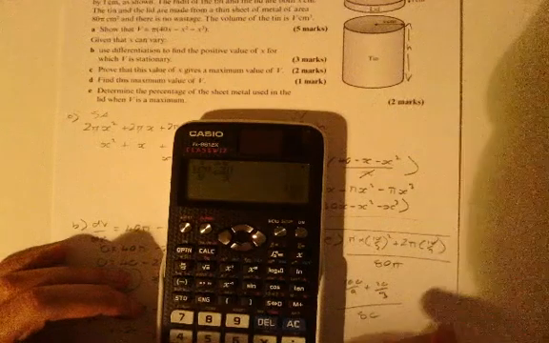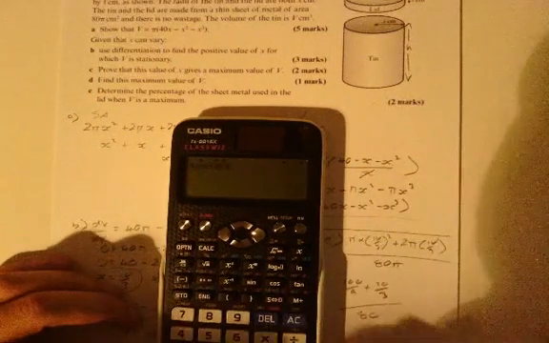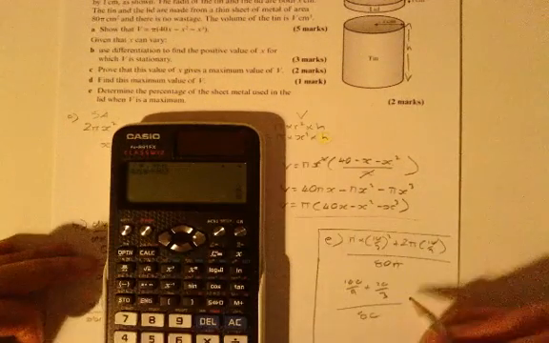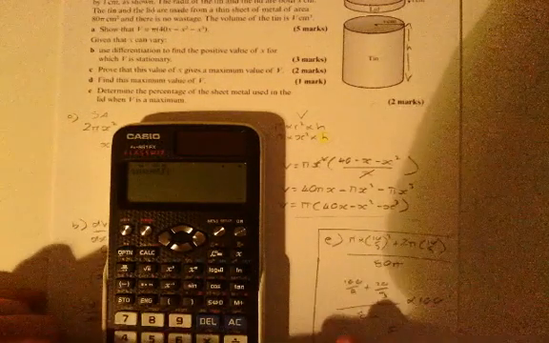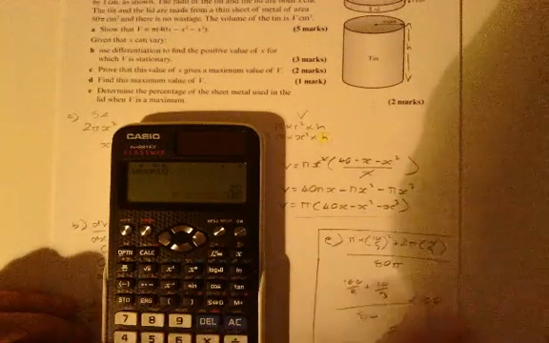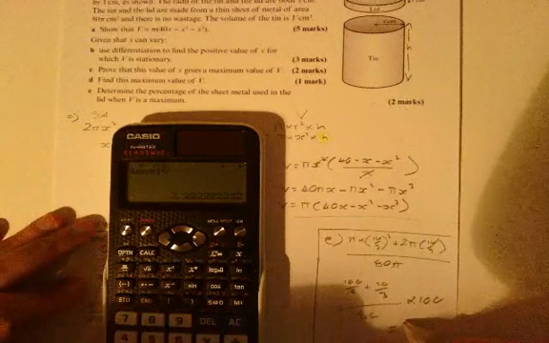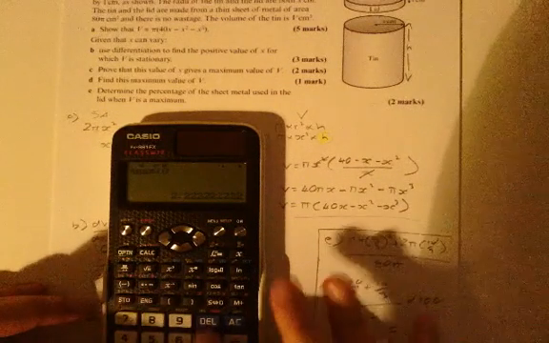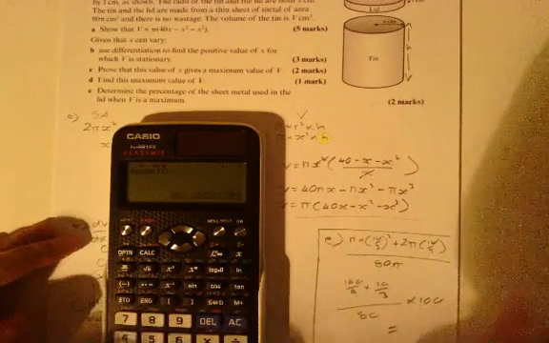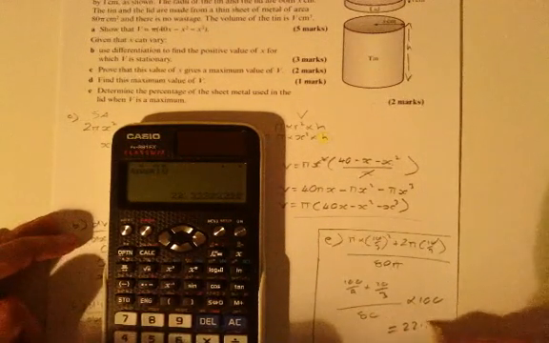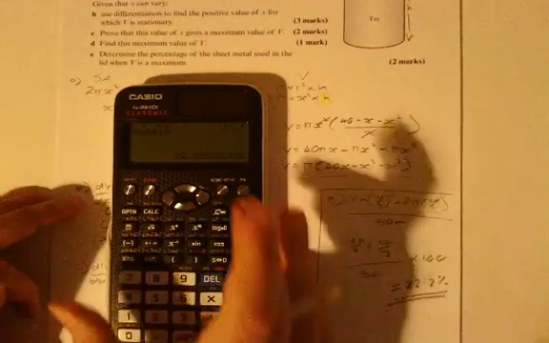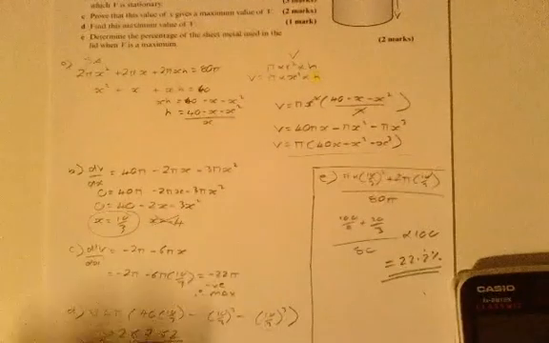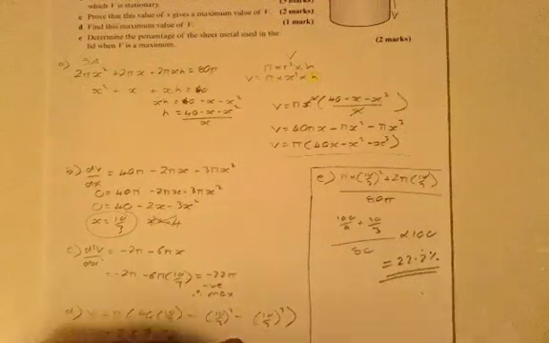So I can just put that in your calculator. 100 over 9 plus 20 over 3 gives you that. Divided by 80, we get 2 over 9. Times that by 100, and we get about 22%, something like that. 22%.